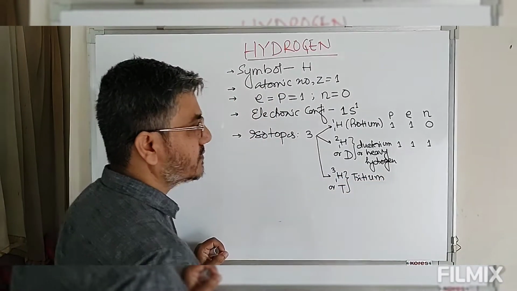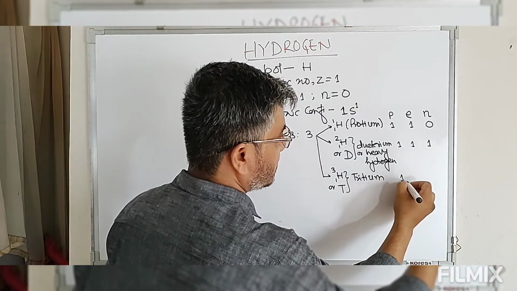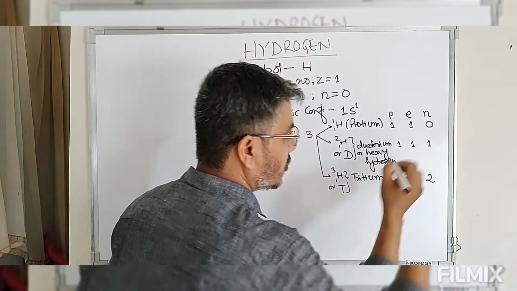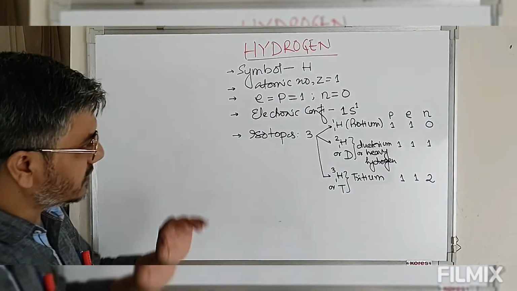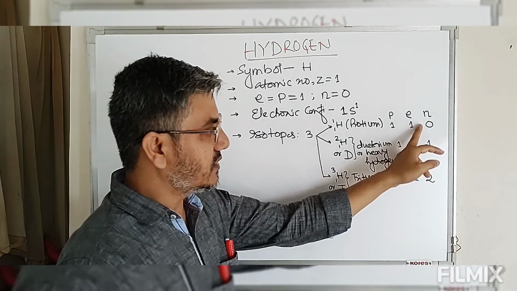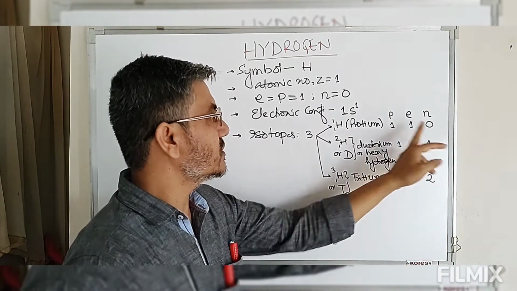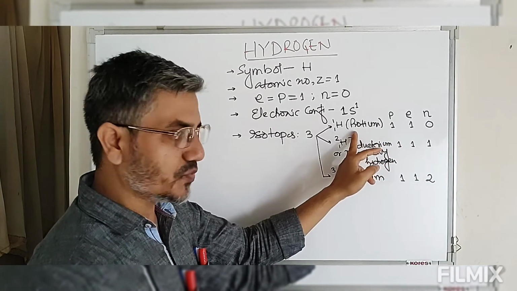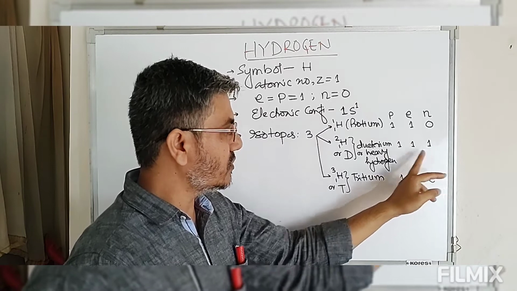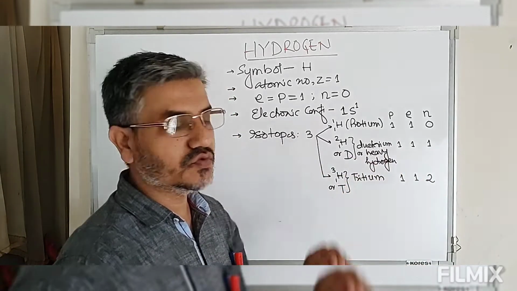Now this tritium, the atomic number is 1, the number of electrons is 1, but we have 2 neutrons. So look at these three isotopes of hydrogen, the difference is the number of neutrons. If there is no neutron, we say this is protium. Then we have deuterium, 1 neutron. Then we have tritium, 2 neutrons.